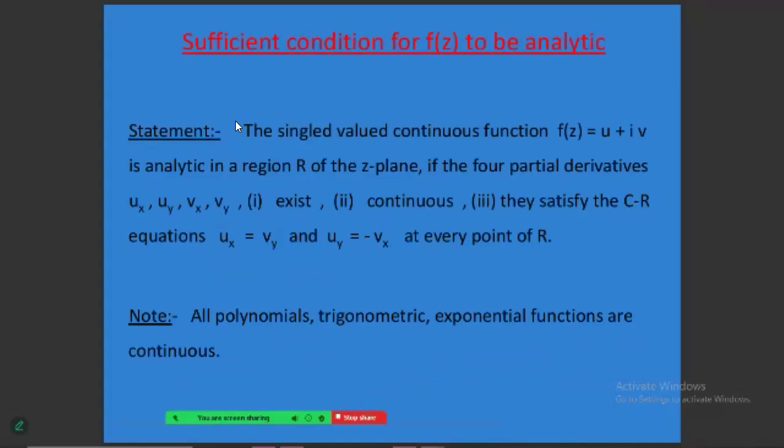Next is the sufficient condition for f of z to be analytic.